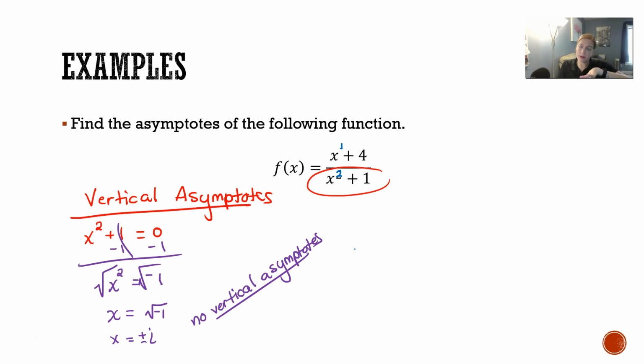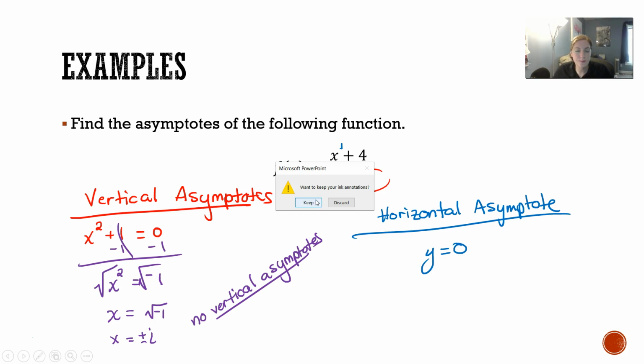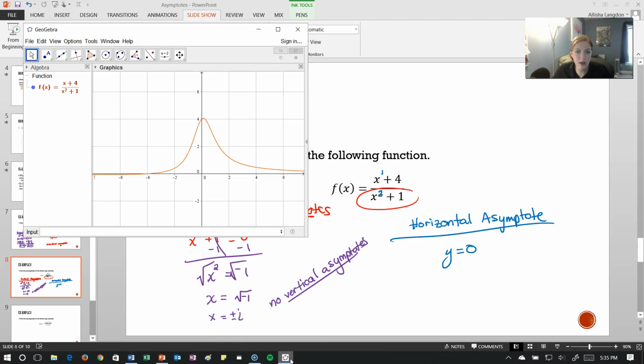So that means the bottom is larger again. And remember, when the bottom is larger, that means your horizontal asymptote is y equals 0. It's that x-axis. So if we look here, we look at our graph, we can go ahead and y equals 0.